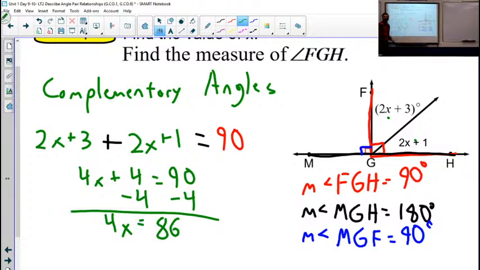I still have a 4 times x, so I'm going to get rid of it by dividing by 4 on both sides. 86 over 4, this is 43 over 2, which if you want a decimal, that's going to be 21.5.